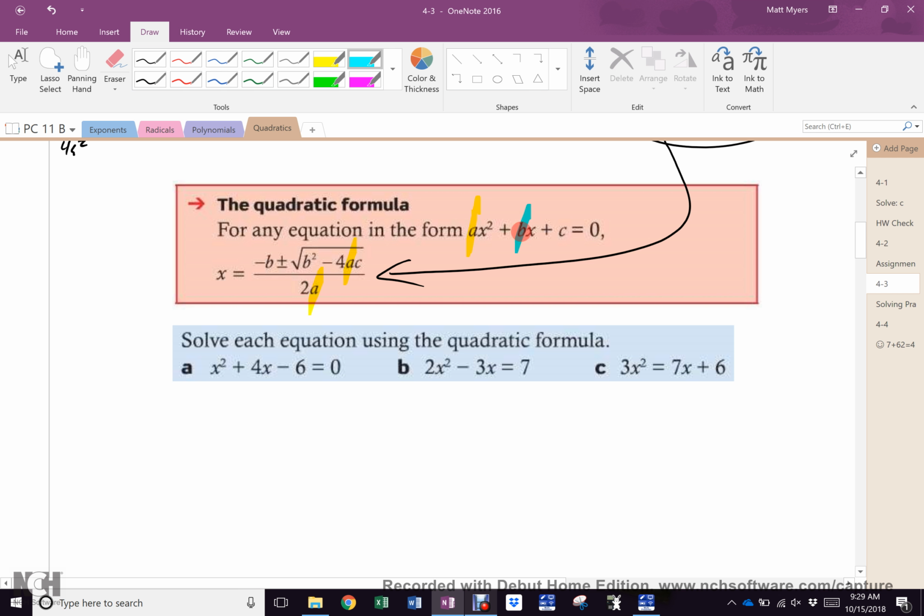The B goes everywhere you see a B. This one messes everyone up. Is this B here positive or negative? Positive. So here it's negative, right? What if this was negative bx? What would I be writing here? Positive b. And c, of course, goes there.